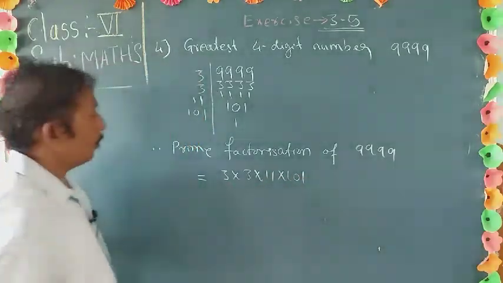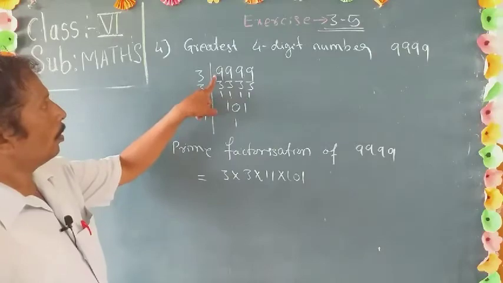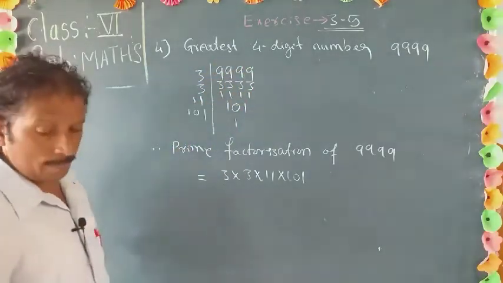These are the prime factors of the greatest 4-digit number.